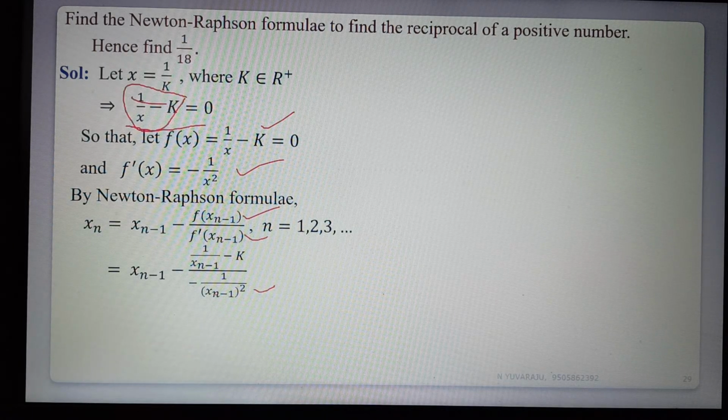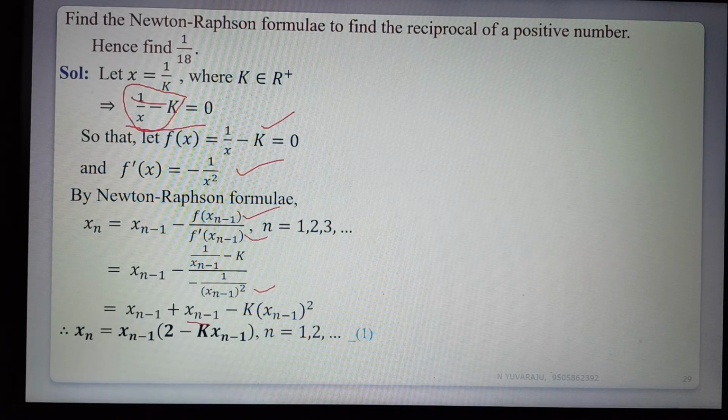Now simplification: take the LCM and cancel. Minus into minus is plus, and in the numerator one xn minus 1 whole square term cancels, leaving plus xn minus 1, and minus k into xn minus 1 whole square.